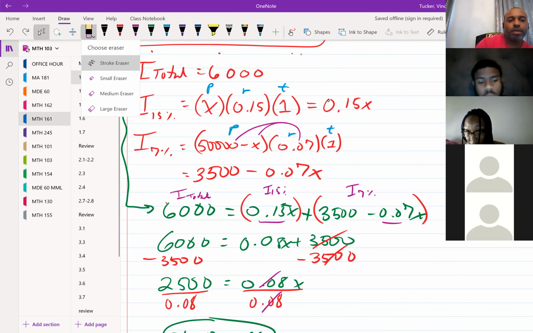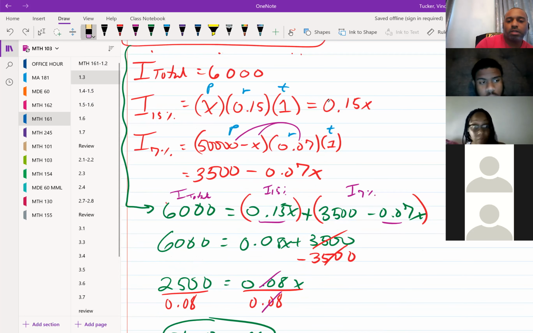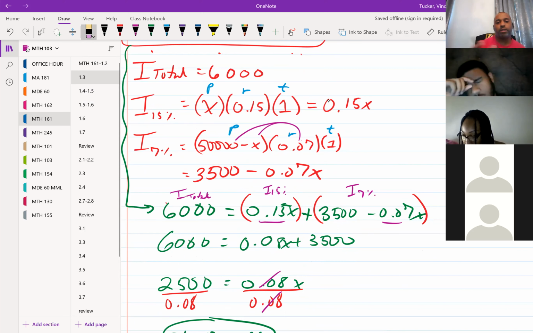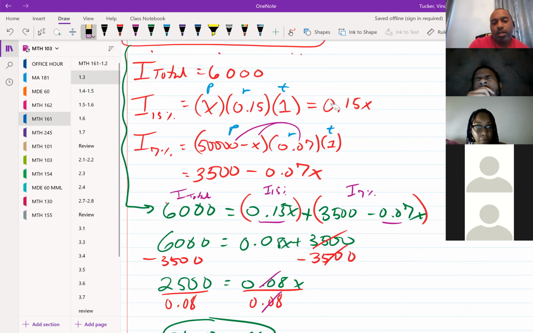All right, so from there, we would combine our like terms. So that's 0.15x minus 0.07x. That'll give us 0.08x. We subtract those two. Then subtract 3,500 from both sides.